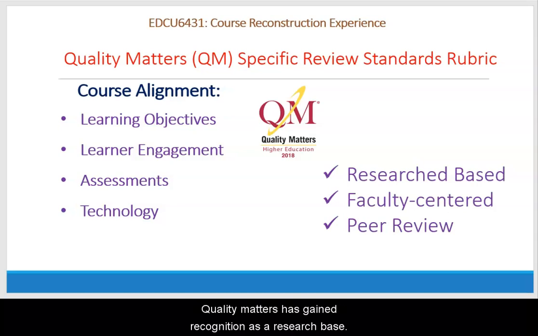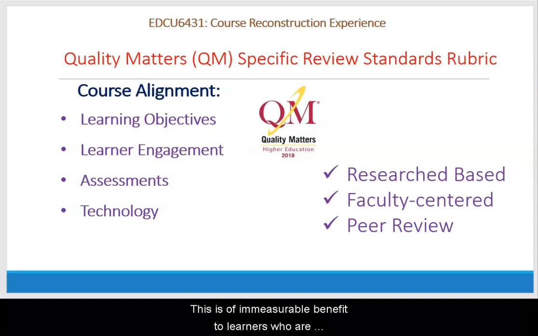Quality Matters has gained recognition as a research-based, faculty-centered, peer-review quality standard process. I have a preference for and would recommend the QM standard because it ensures that both the technology and course content are current, with a distinction made between required and additional materials.